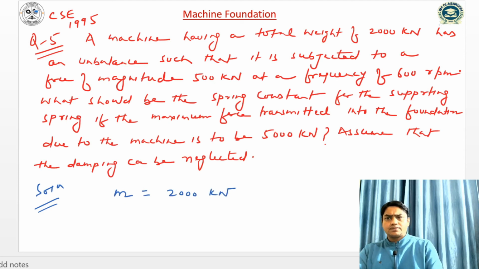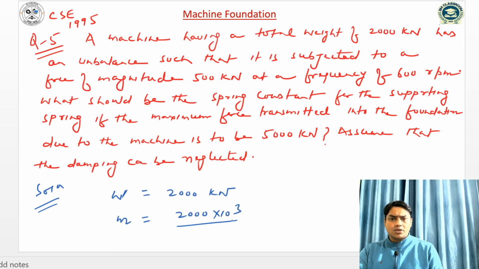So the total mass of the machine is 2000 into 10 to the power 3 divided by 9.81. So it is 203873.6 kg.